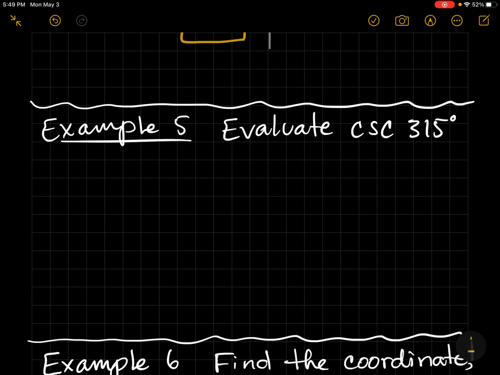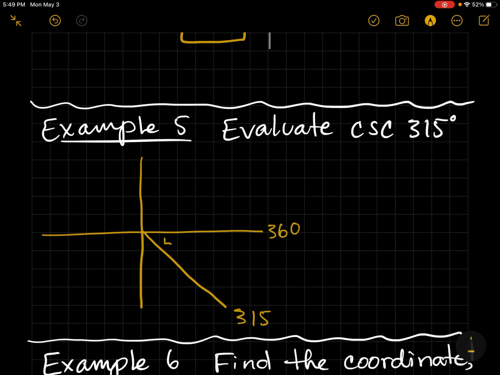Example 5. Let's evaluate the cosecant of 315 degrees. So we're going to repeat the process that we did in the last problem. Sketch the angle first. 315 is over here somewhere. That's 45 degrees away from the x-axis.